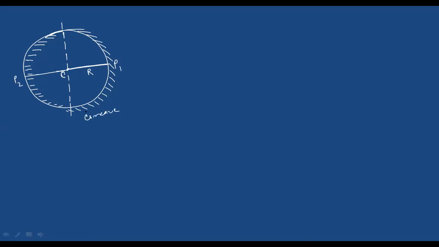Why? Because this is a spherical mirror, a hollow sphere, and we know that in a circle the diameter divides the circle into two equal parts. Up to this clear? In a spherical mirror also, this will be the radius of curvature.